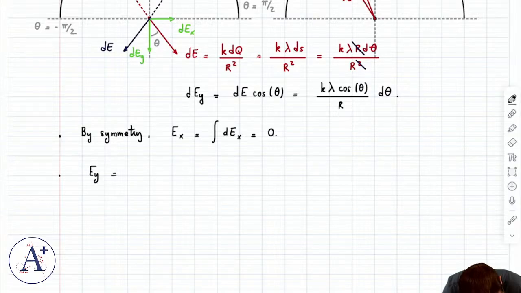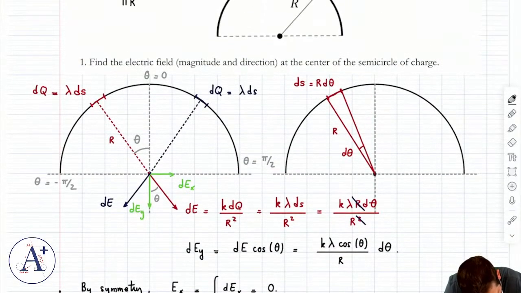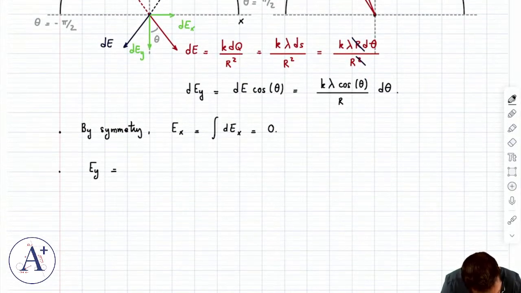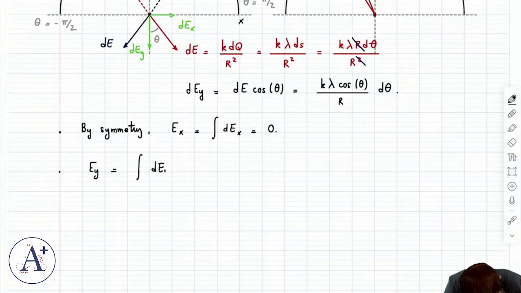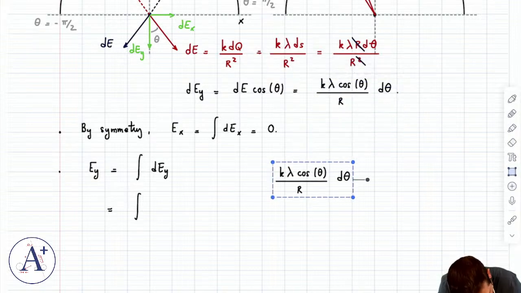Now, Ey will point downward. We'll get to that. Okay, and if y is positive up and x is positive to the right, it'll be along minus y hat. But what we want to do is integrate over the semicircle dEy. Okay. Now that's going to be the integral of this thing here.